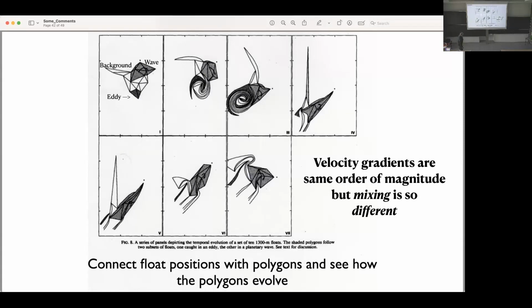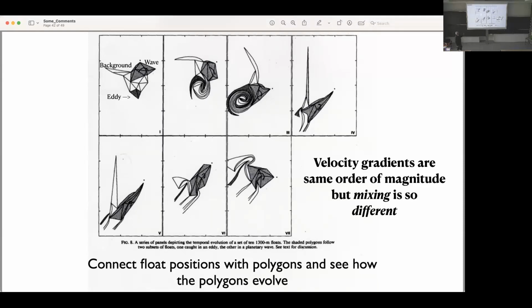So the lighter gray is a wave. It turns out to be a Rossby wave that was observed and discussed by Tom Rossby and Jim Price. And the interesting thing about it is, Rossby waves, the theory, C.G. Rossby came up with them in the late 30s. His son, Tom Rossby, was the first one to really measure one by throwing floats in the ocean. That's kind of cool. And then the really dark shading has to do with an eddy.